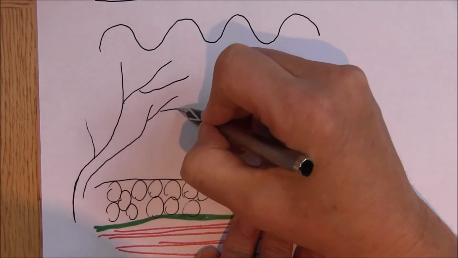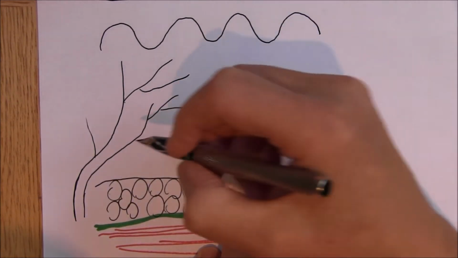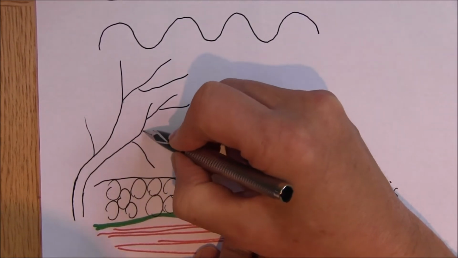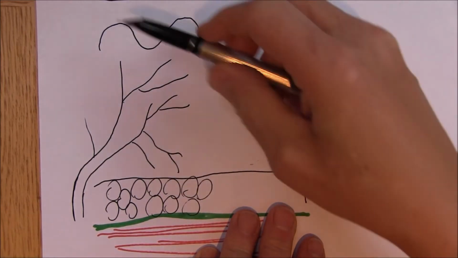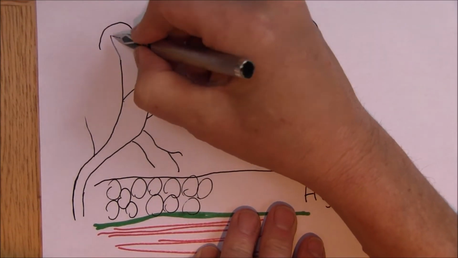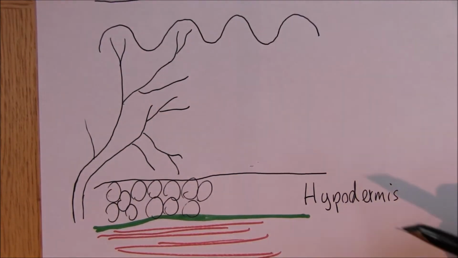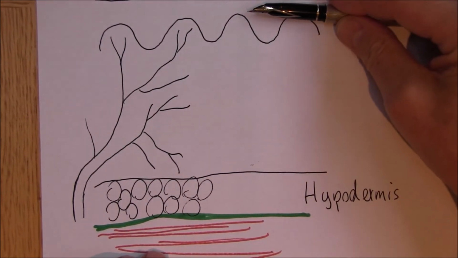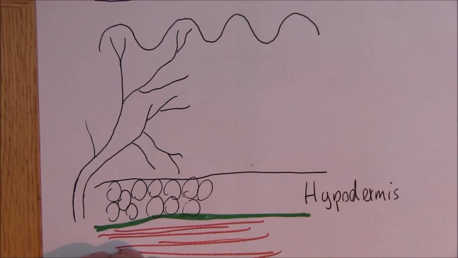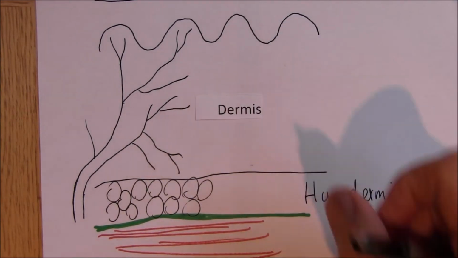Apparently blind-ended fibres like this. But interestingly, they don't actually extend into the epidermis, so they're just in the dermis. Remember, this layer here is the dermis.